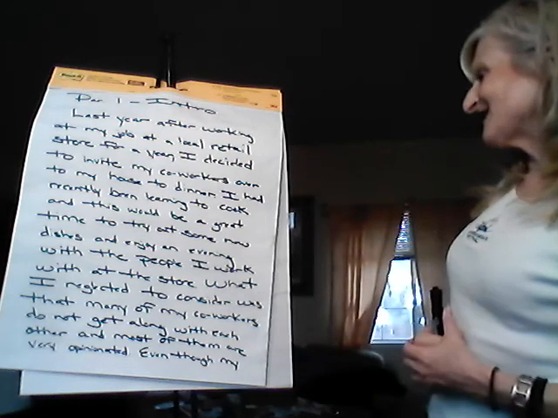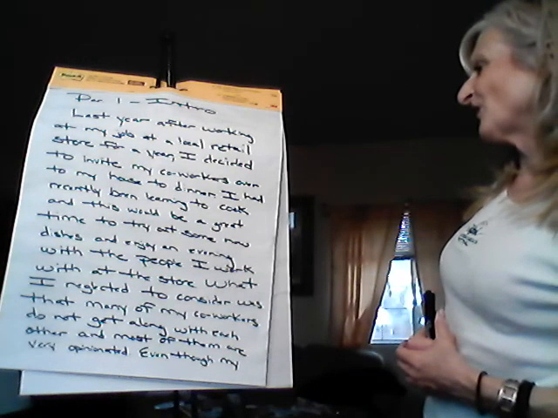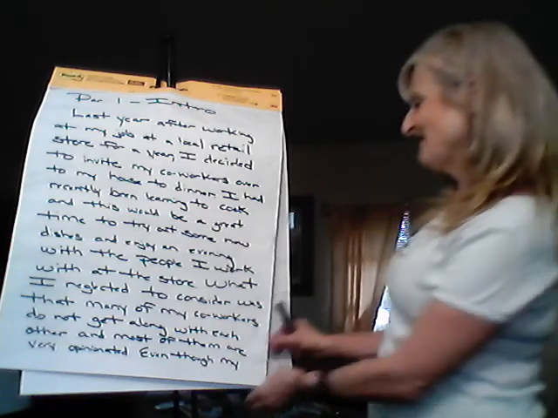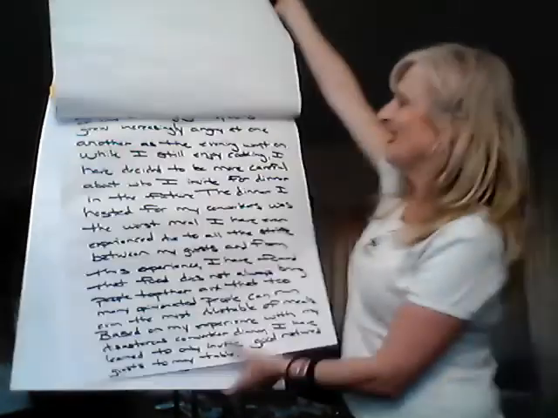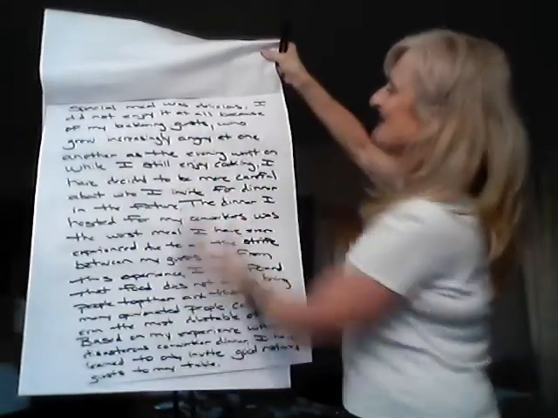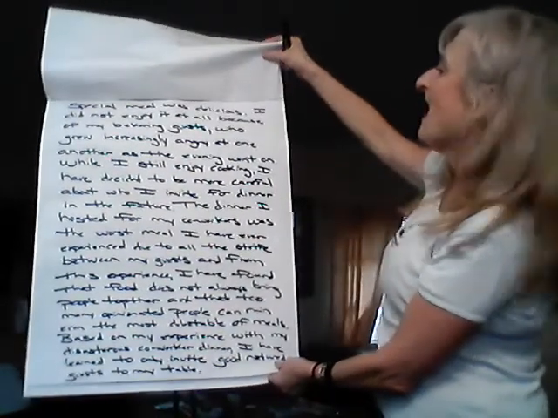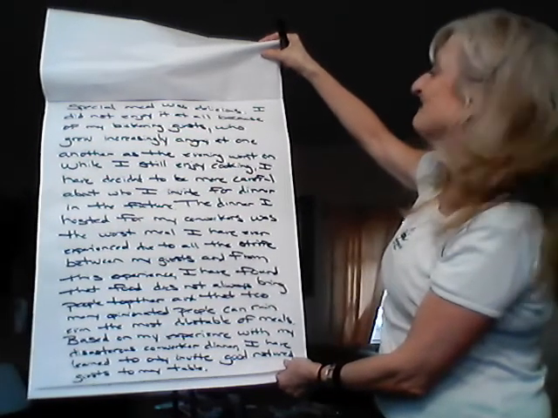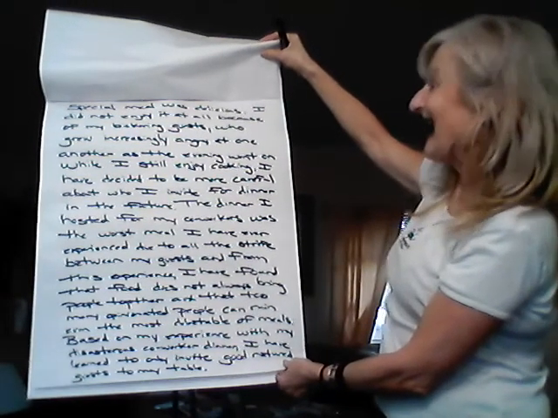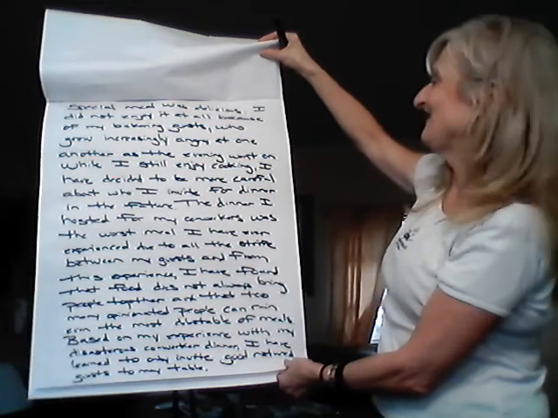What I neglected to consider was that many of my coworkers do not get along with each other, and most of them are very opinionated. Even though my special meal was delicious, I did not enjoy it at all because of my bickering guests, who grew increasingly angry at one another as the evening went on.